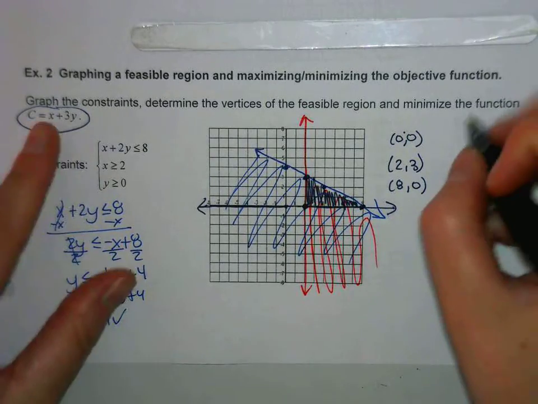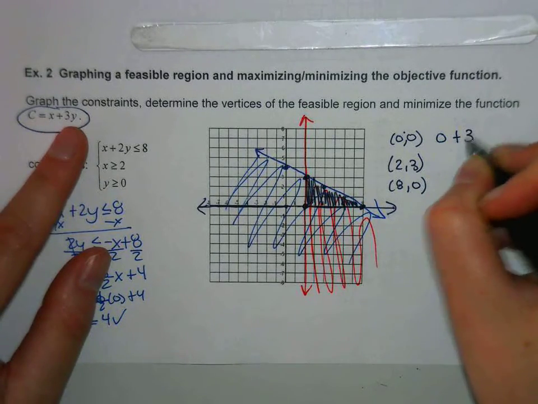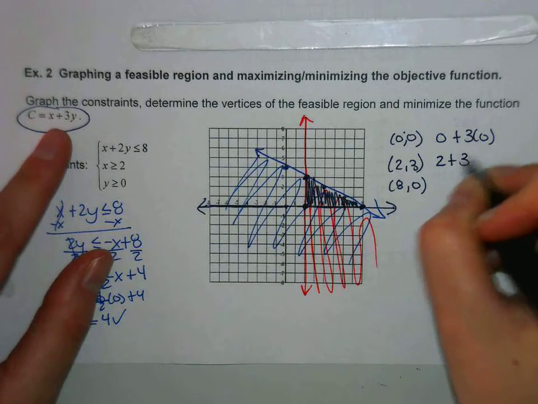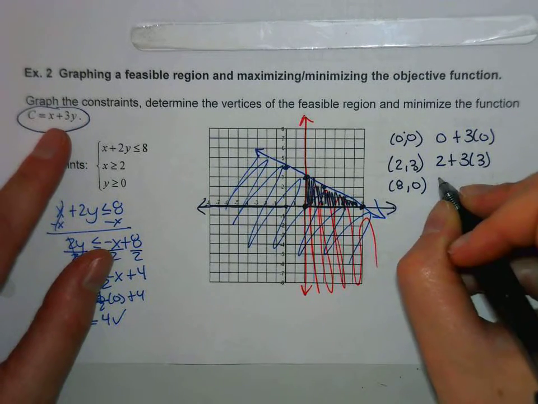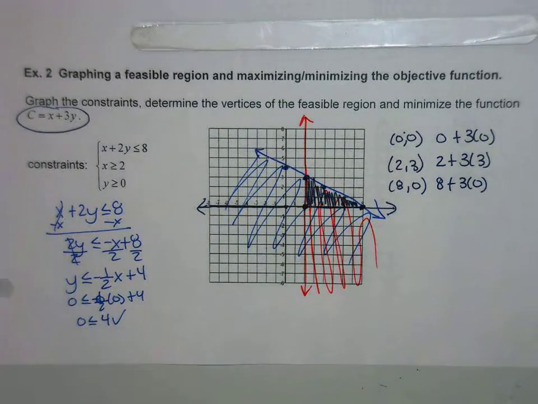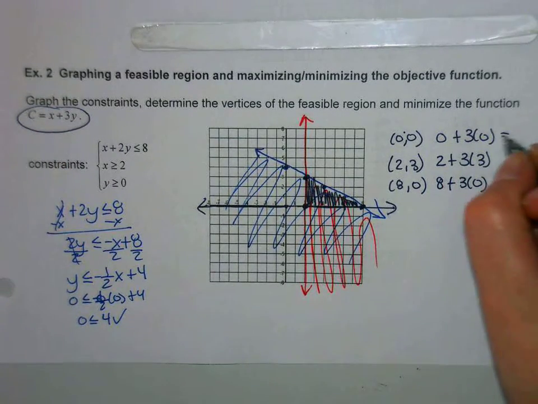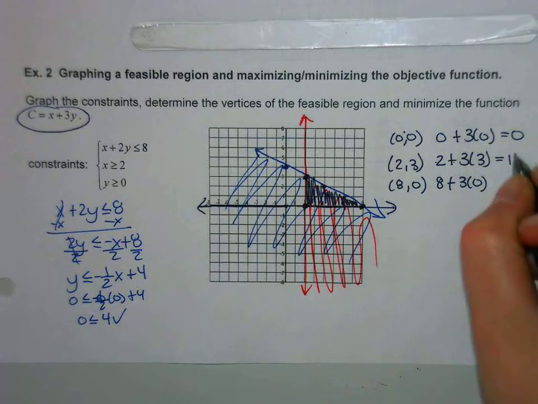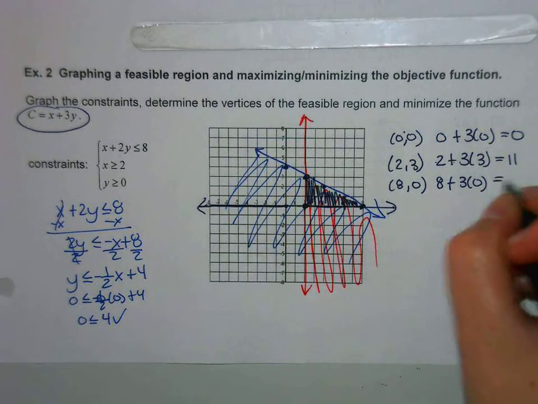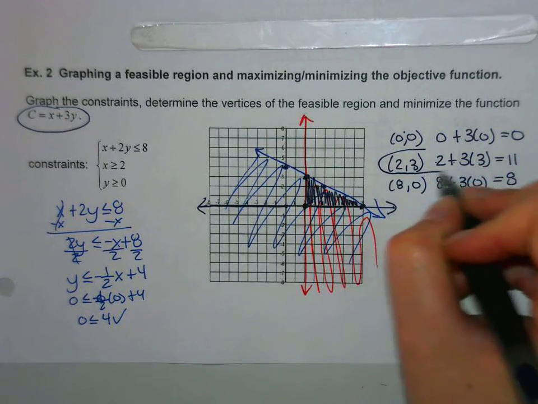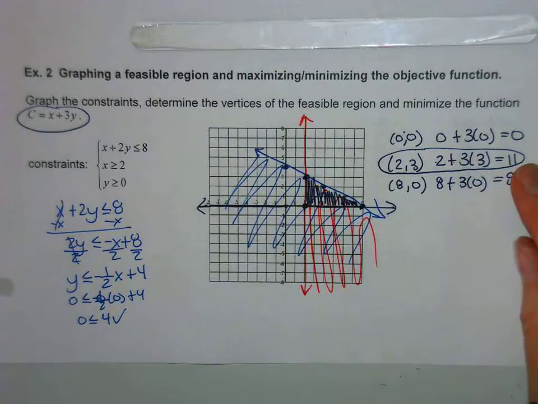So we're doing 0 plus 3 times 0, 2 plus 3 times 3, and 8 plus 3 times 0. So 0 plus 3 times 0 is 0. 2 plus 9 is 11, and 8 plus 0 is 8. So our maximum vertex is 2, 3, and the maximum value is 11.